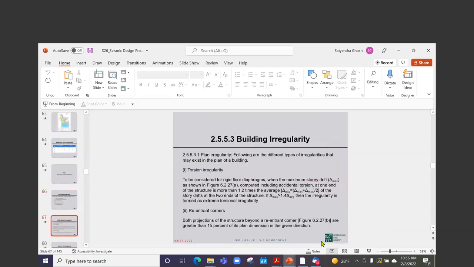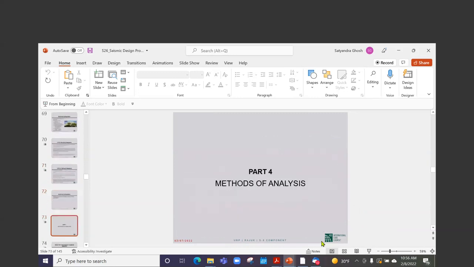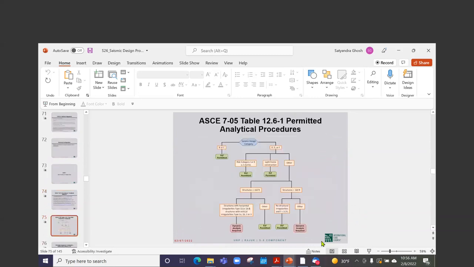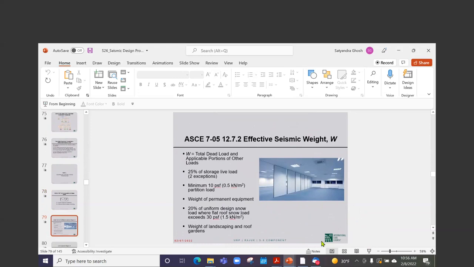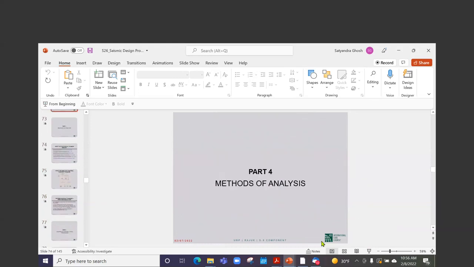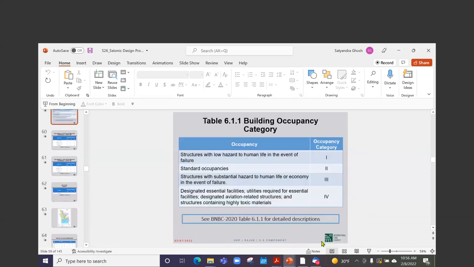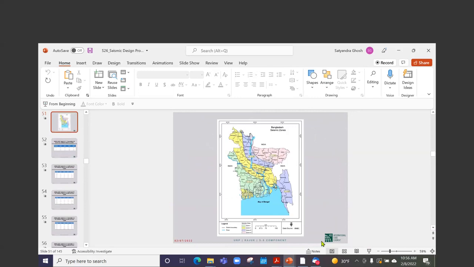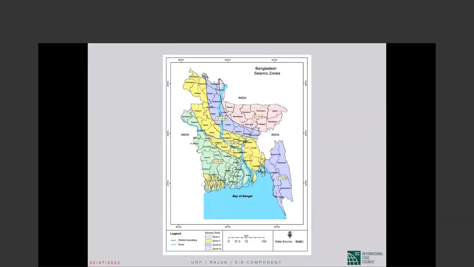Yeah, a small part of it is shown in zone 2. If you're looking for the slide number, it is 51, Dr. Ghosh. Yes, Gazipur is shown on that.